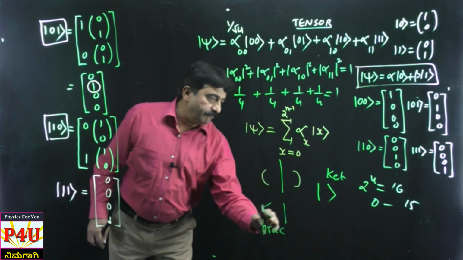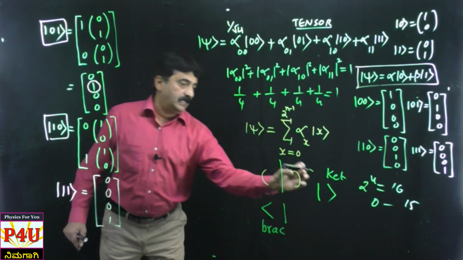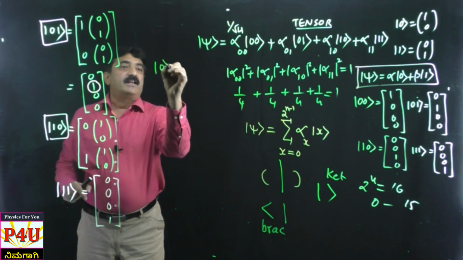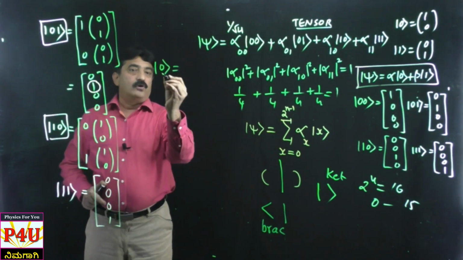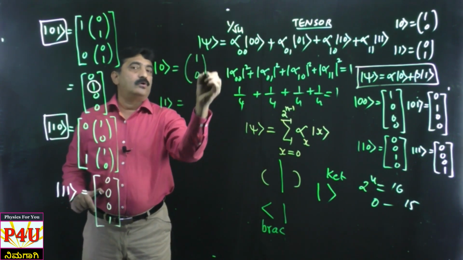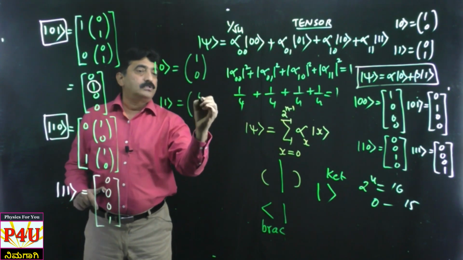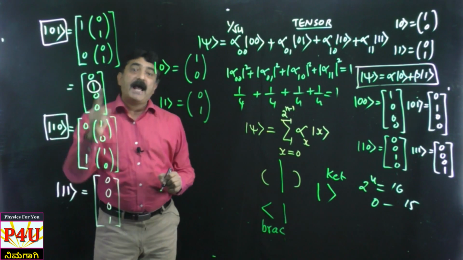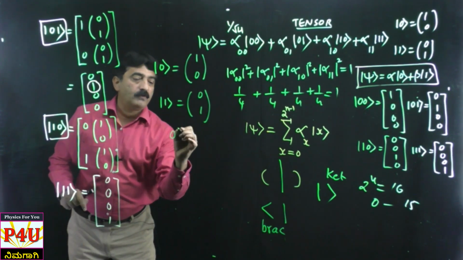So bracket vectors are Dirac notations. Ket is already familiar to us. We write it like this: 0 ket or 1 ket. 0 ket is the 1 0 column vector. This is the 0 1 column vector. Suppose I write this in the bra form, how to write?